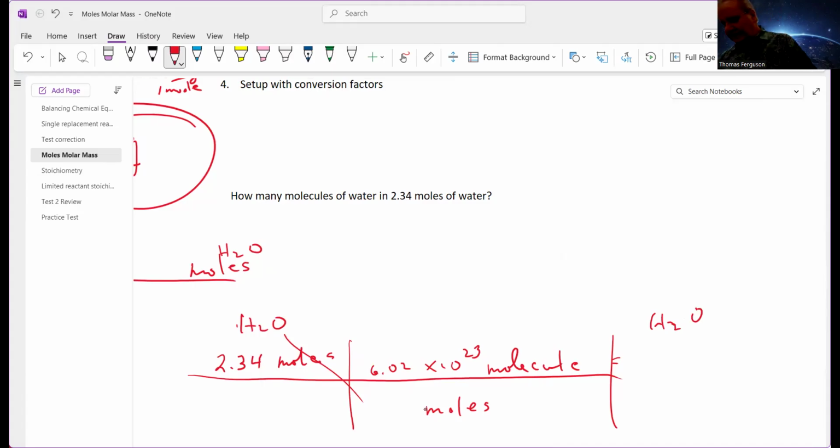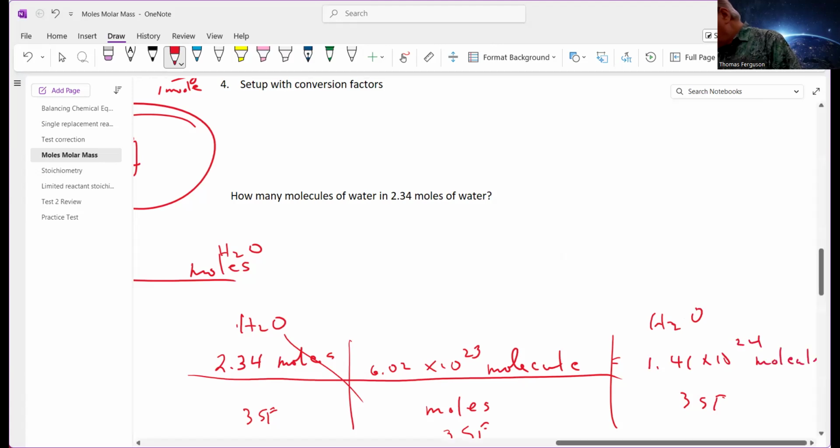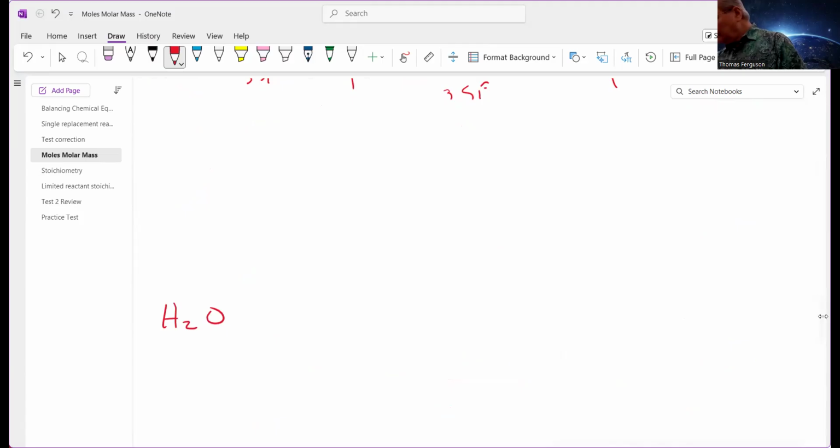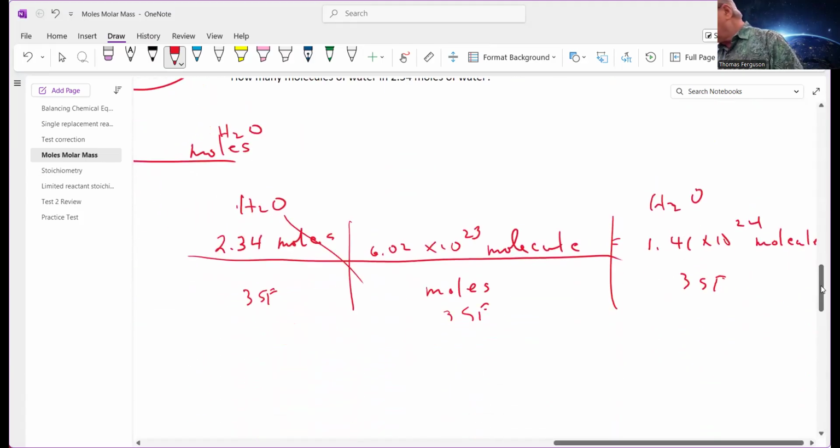And we're looking at 3 sig figs. So 1.41 times 10 to the 24th molecules.